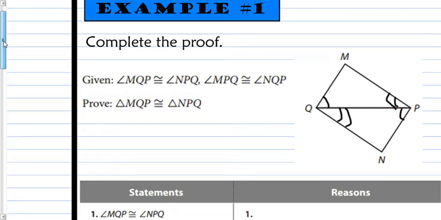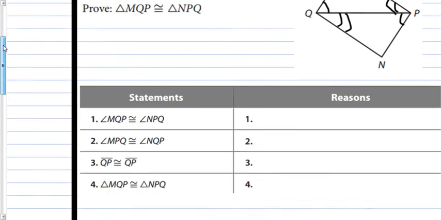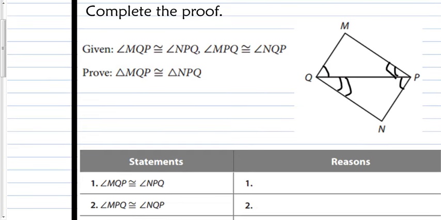So let's come down here, let's look at the statements. Their first statement is angle MPQ is congruent to angle NPQ. And how do we know that? Well, usually the first reason is always the given. So they gave us that. MPQ is congruent to NPQ, that's the given.